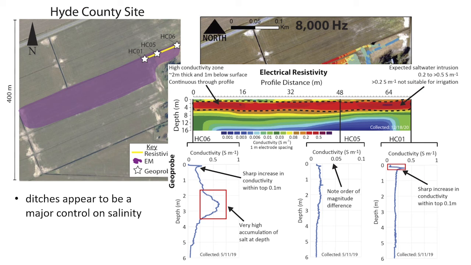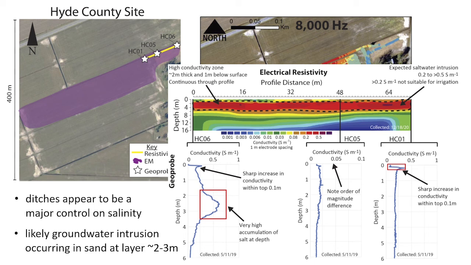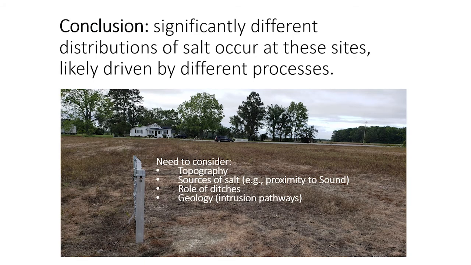But again, it really does seem in this case not only are these ditches important in controlling some of those salinity patterns in the field, but it seems like groundwater is probably playing a role here as well. And so we're continuing to look into that, but both of these things appear to be important processes at this site and for this field.